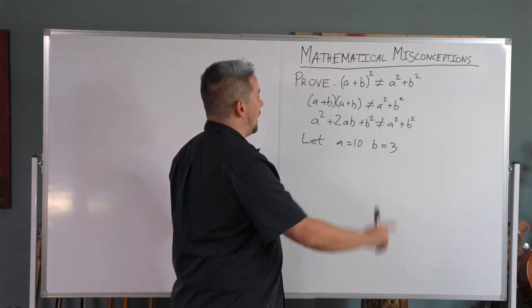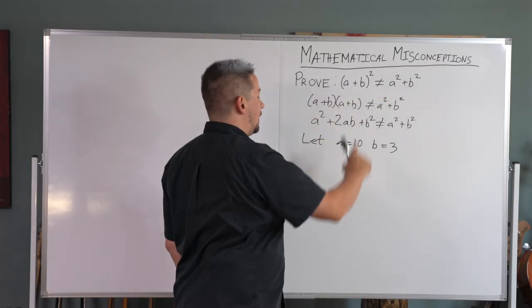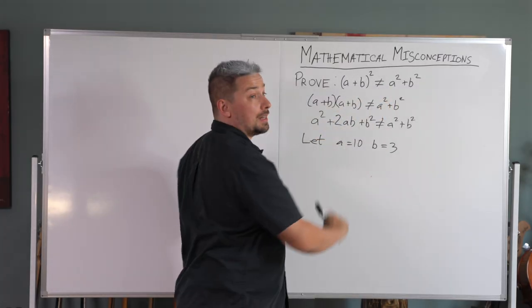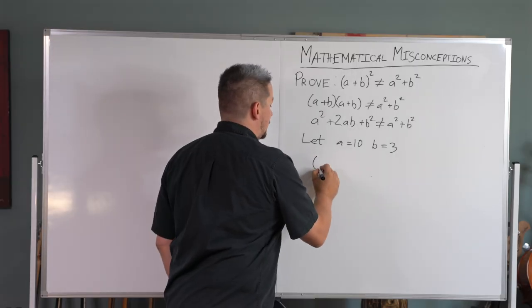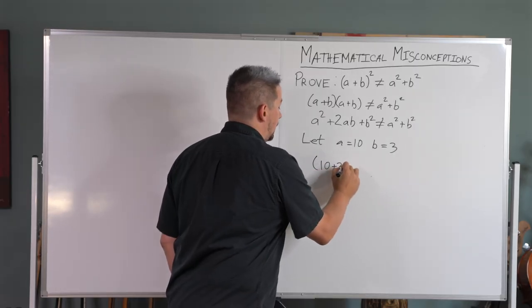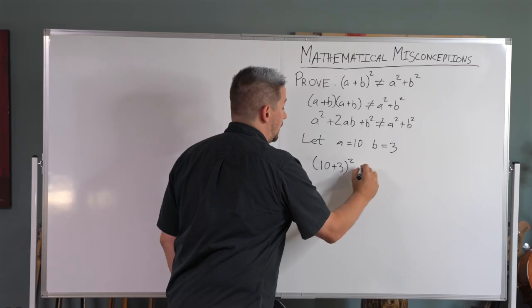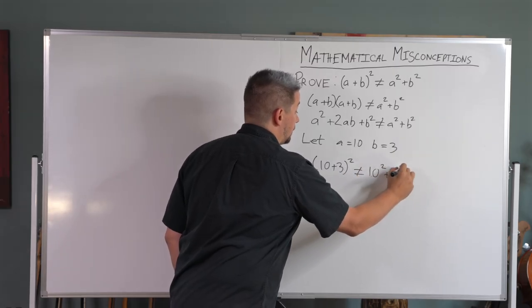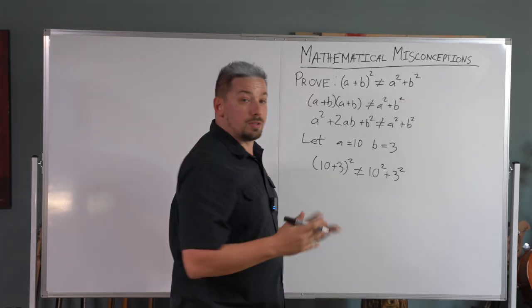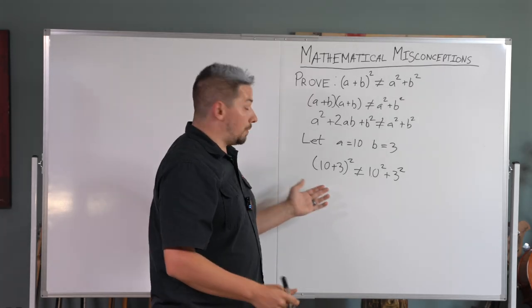Now let's start with our original quantity. If a is 10 and b is 3, then it's going to be 10 plus 3, which is 13. We'll show that in the next step. 10 plus 3 fully squared does not equal 10 squared plus 3 squared. Now we're going to use order of operations on the left-hand side. So we have a set of parentheses.